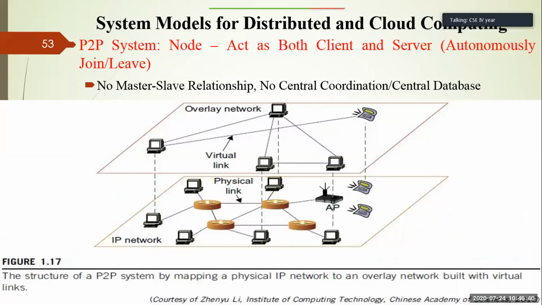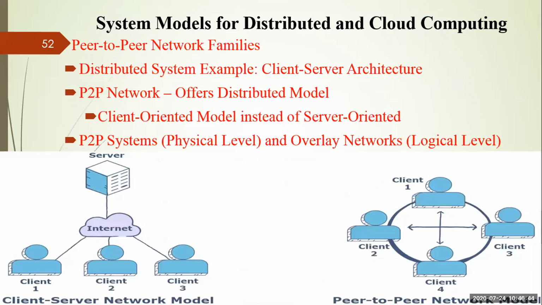That is the flexibility. But in client-server, if a client joins, a load is added to the server. But if a client is removed, then the load on the server is reduced. So if the server is not available, only then will it affect the client. But in a peer-to-peer system, if a system is crashed, then that will not affect other computer systems.